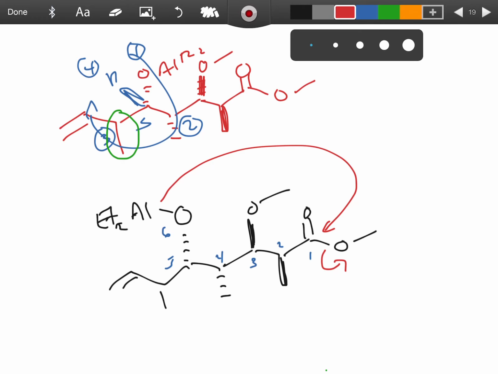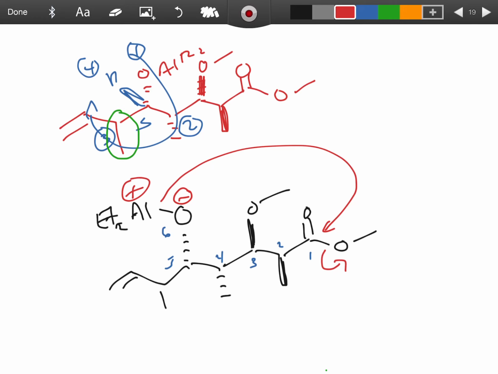But instead, they said, no, let's use this O minus that we generate, O minus aluminum plus. Let's use that O minus to make our lactone that we need later on. So if you look at the slides, I didn't go through everything, but they're able to take this, and they get a mixture of 2 products. The alcohol is pretty much the same. So they get the alcohol, they get a little mixture, not too bad, and then they're able to get this oxygen to make this lactone.